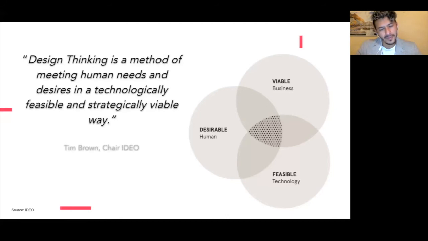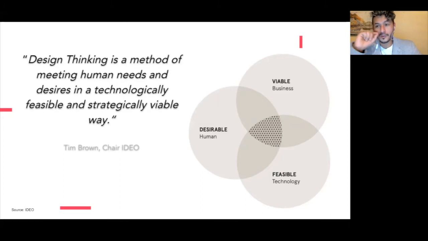That specific way combines three things. The first is human needs. The second is technology. And the third is business sustainability. So design thinking helps you find a solution to a problem by ticking those three boxes.